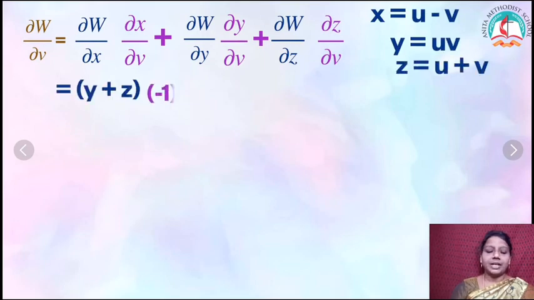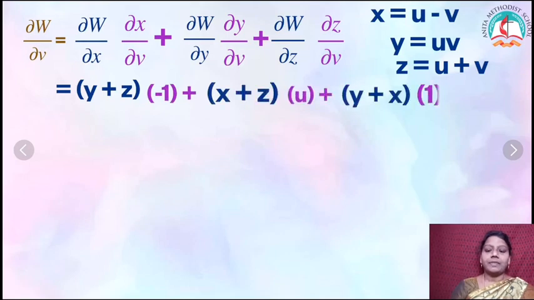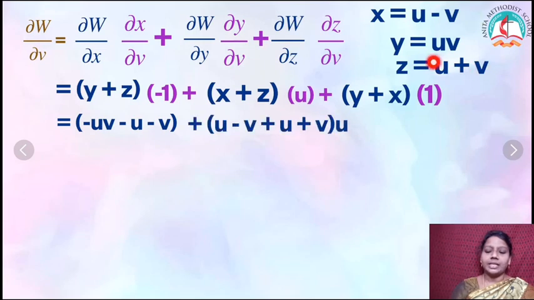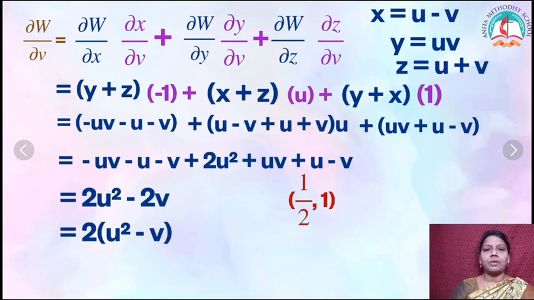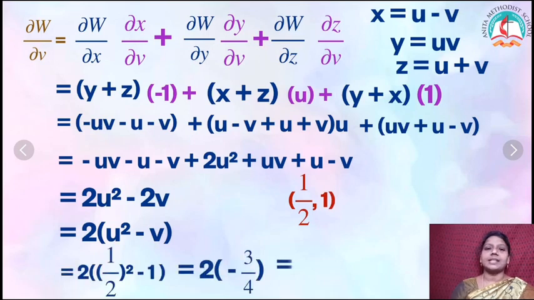If I am differentiating it, then I am getting the result like this. So then what we have to do? We have to simplify this by substituting all these values. After simplification, then we have to substitute a point. So what is the point? Minus 1 by 2 comma 1 is given to us. So if I am substituting that, then I am getting the result equal to minus 3 by 2.